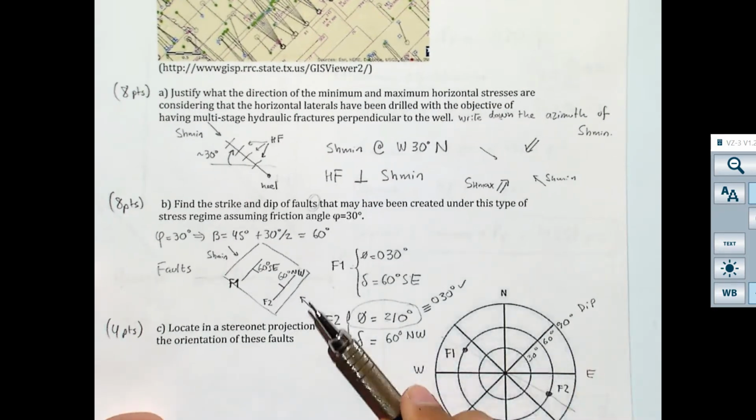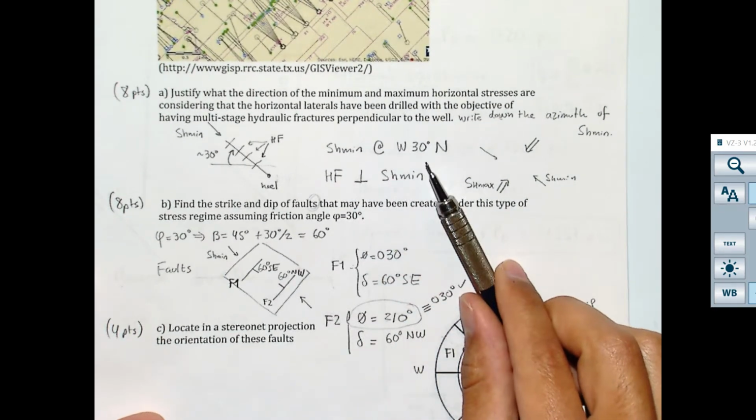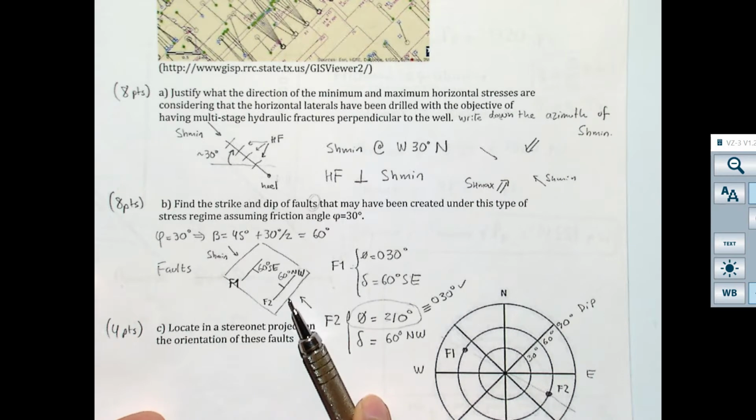Based on this, the second thing I ask you is, if you know the state of stress, I want you to tell me what kind of faults you would expect in that location.